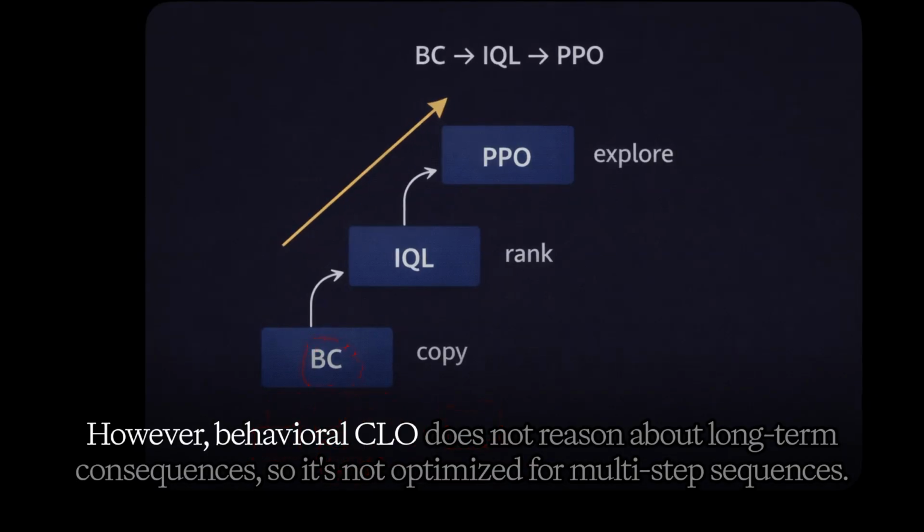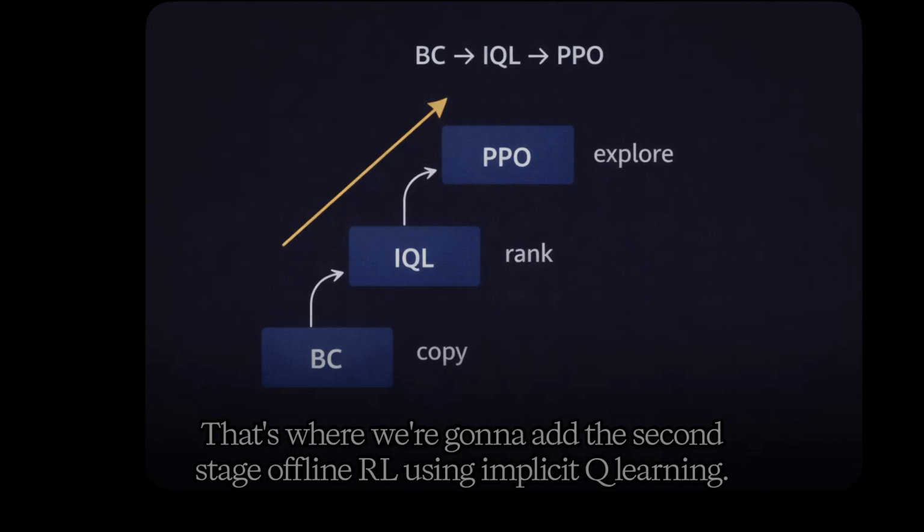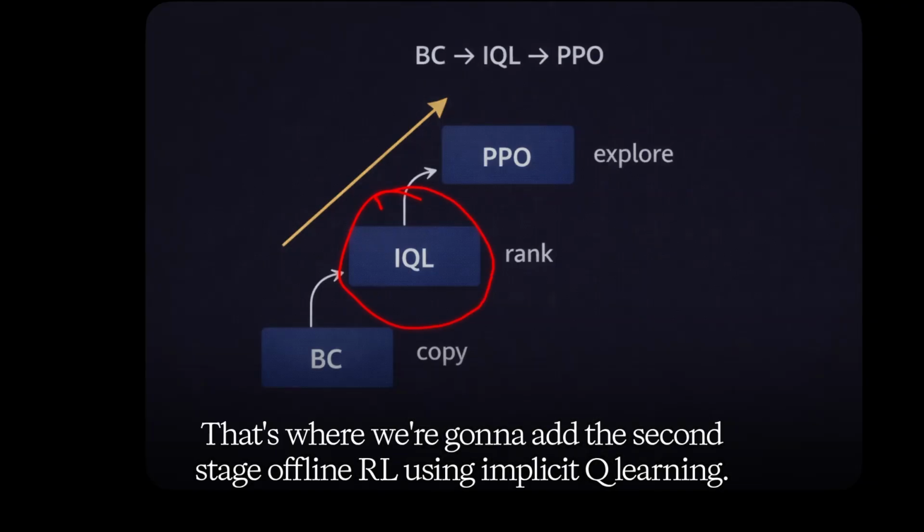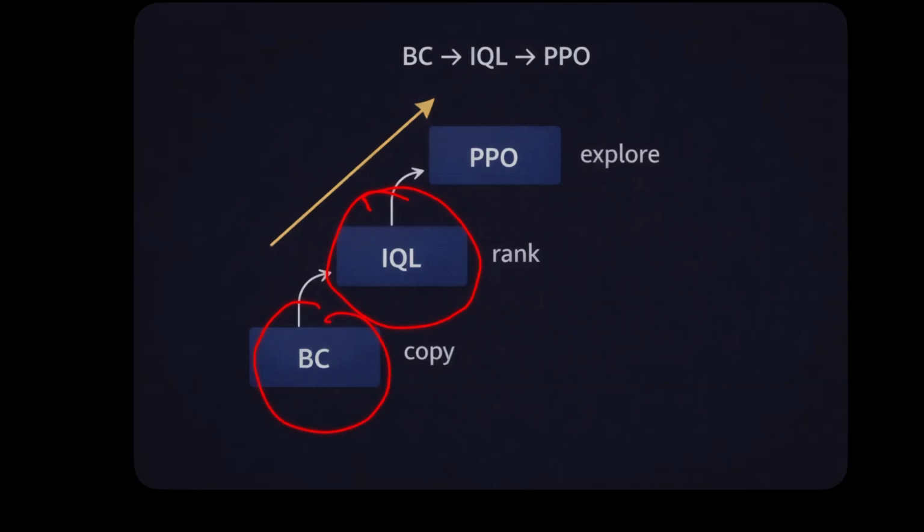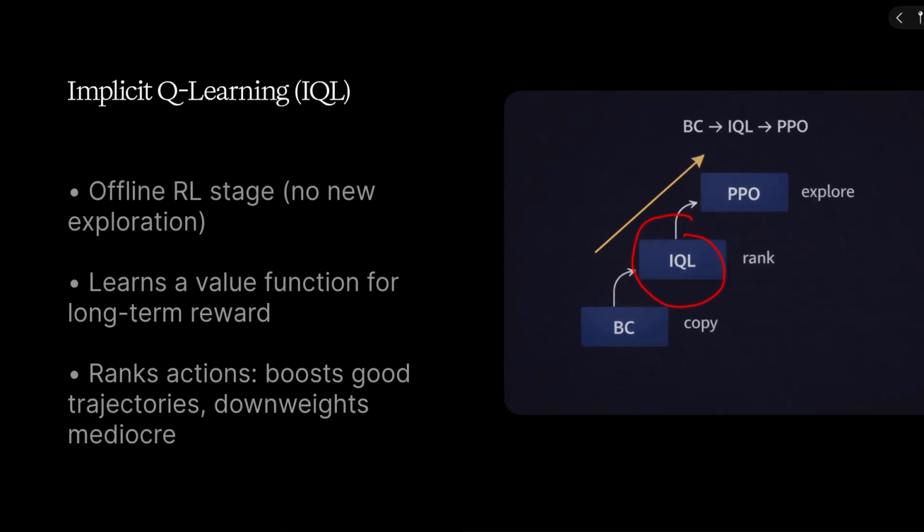However, behavior cloning does not reason about long-term consequences, so it's not optimized for multi-step sequences. That's where we add the second stage, offline RL using implicit Q learning. You need this stage in order to prime the next stage. Now IQL is going to learn which actions lead to better long-term outcomes. This is where it does the multi-step reasoning. It's not going to try new things; it's just going to reevaluate what it has seen.